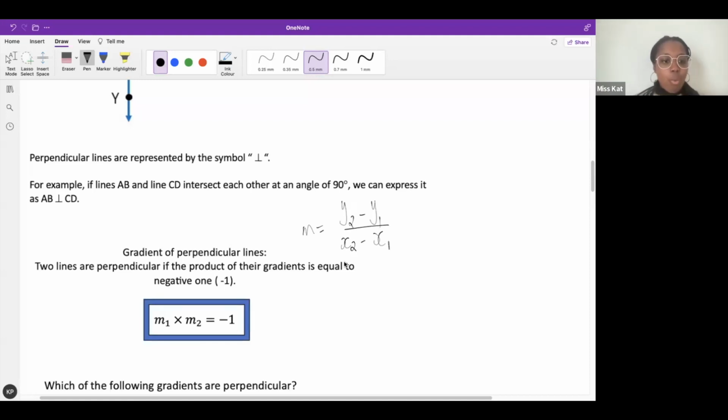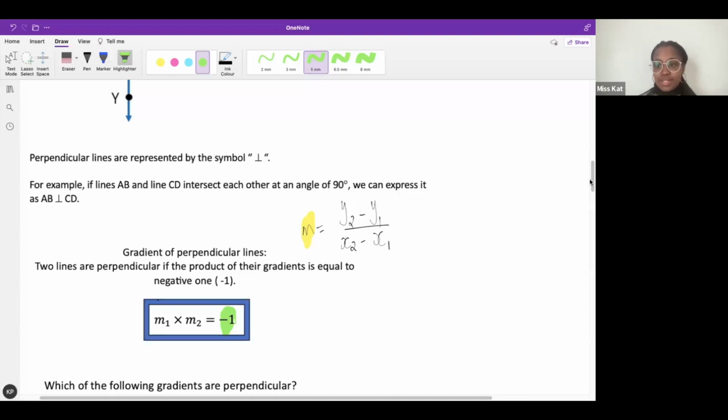So change in Y divided by change in X. Now, if lines are perpendicular, so if they meet at a 90-degree angle, when you multiply their gradients, so you take this M and multiply them together, you will always get a value of -1. Depending on how much information you get, you can figure out whether two lines are perpendicular.